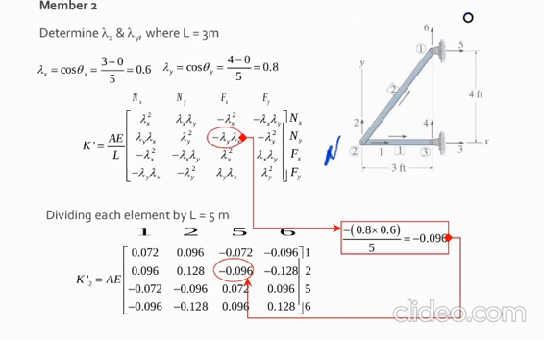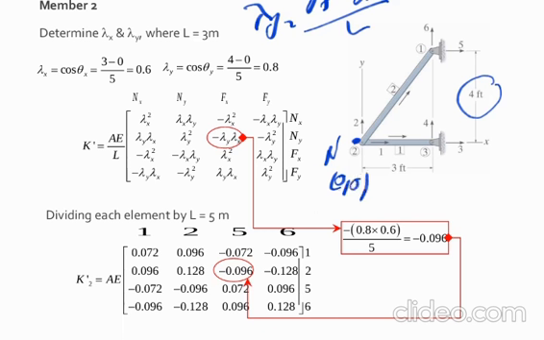And lambda y is also the same: y far minus y near over L. Y far is 4, and y near is 0, because joint number 2 is 0 by 0.